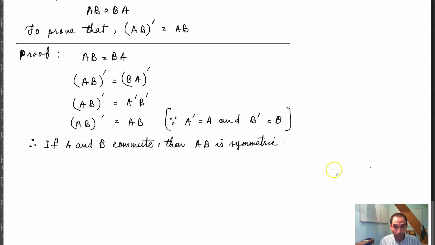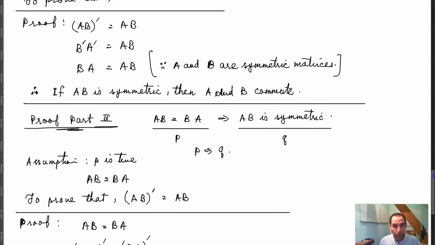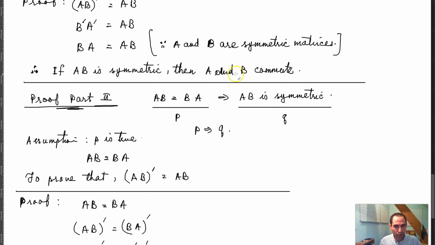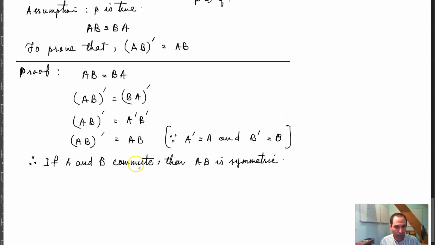Now, over here we said that if AB is symmetric, then A and B commute. And over here we said that if A and B commute, then AB is symmetric.